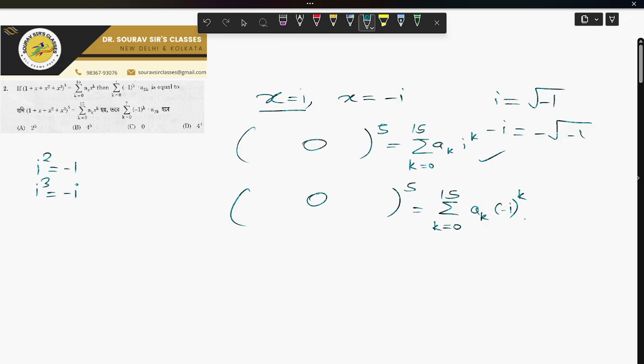Finally, these two things imply that the summation k equals 0 up to 15 of a_k i^k plus the summation k equals 0 up to 15 of a_k (-i)^k is equal to 0 plus 0, which is equal to 0.